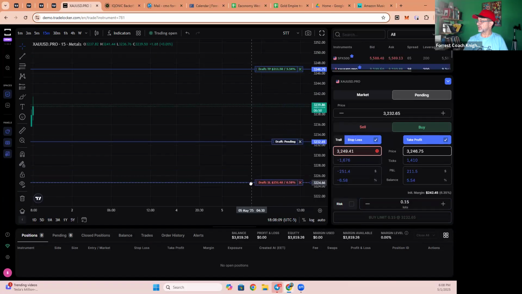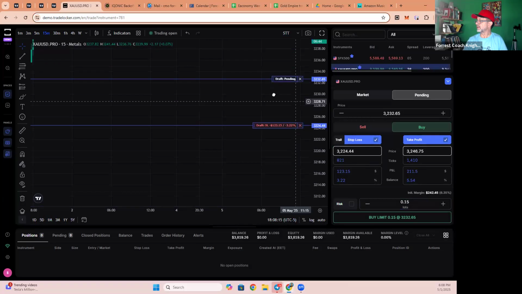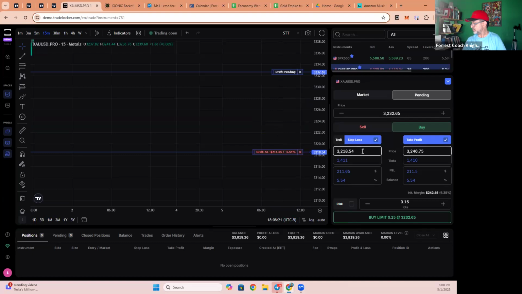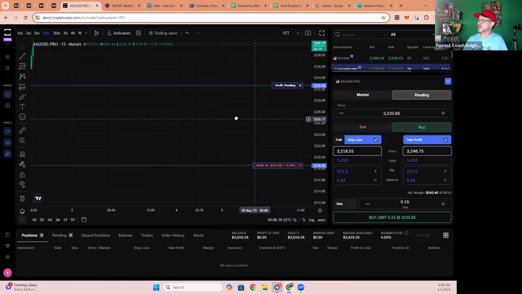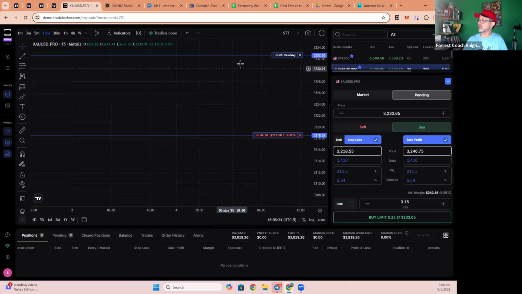My stop loss is going to be down here somewhere at 140 pips, 32.18. Wow, that was pretty good. So am I okay with losing $211 off of my balance if this trade goes in the wrong direction?